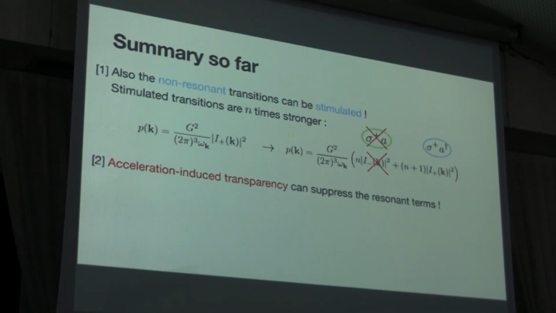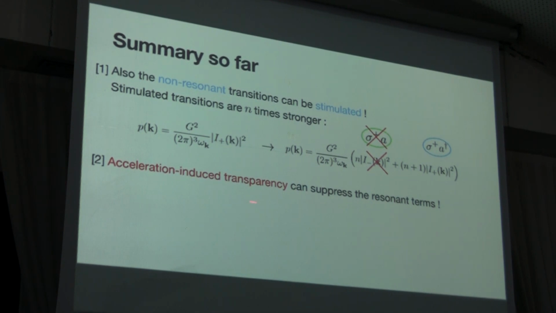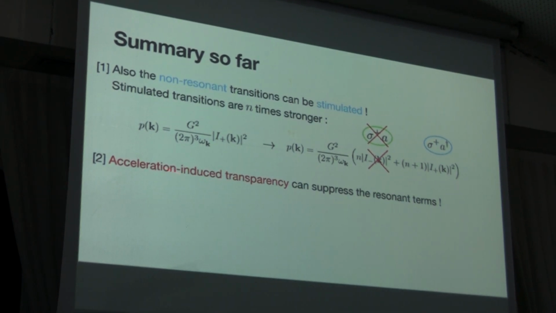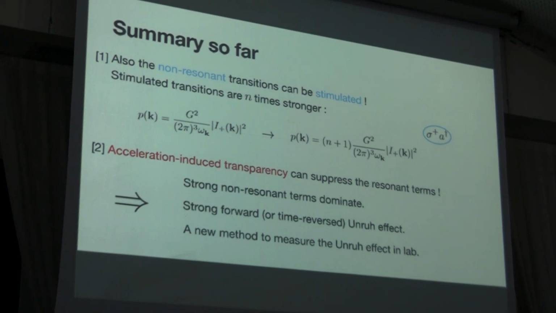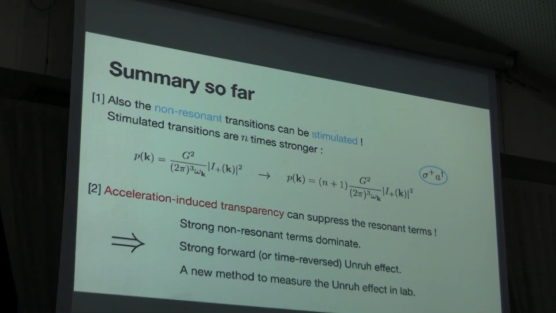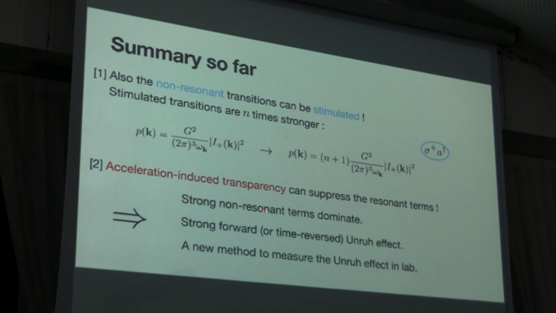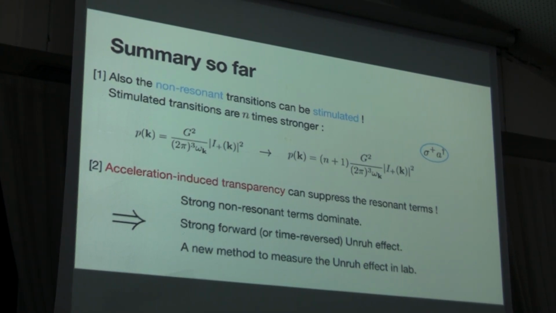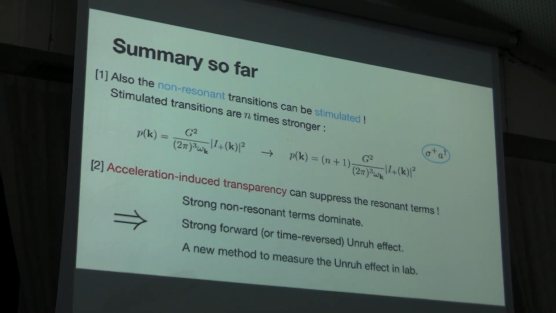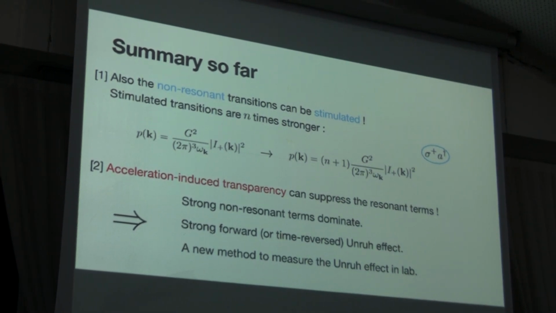But then we solved this problem using acceleration-induced transparency, and what we are left with is dominant non-resonant terms, meaning a strong Unruh effect, which is a suggestion for a new method to measure the Unruh effect in the lab.